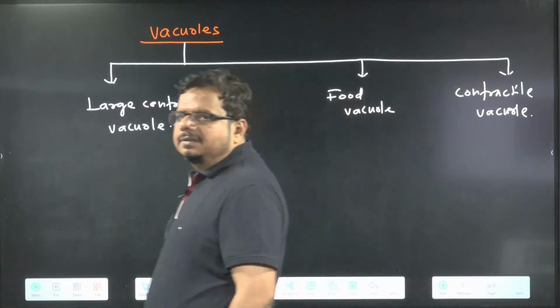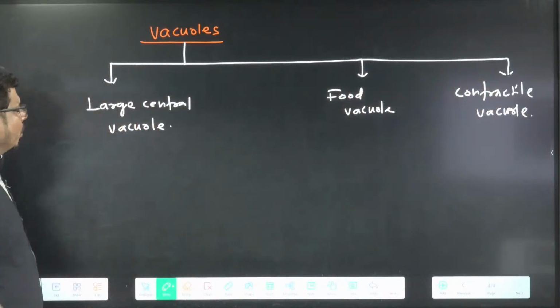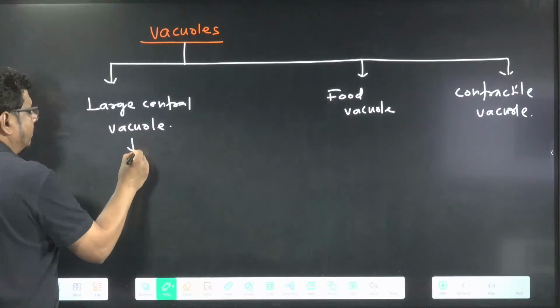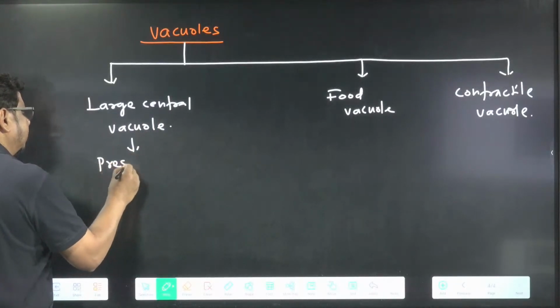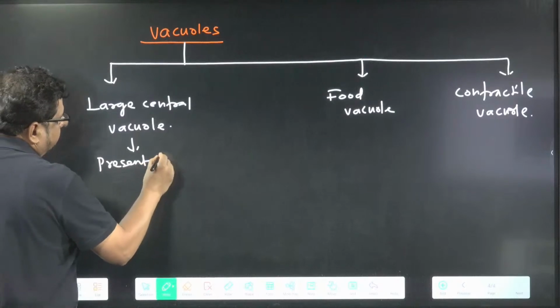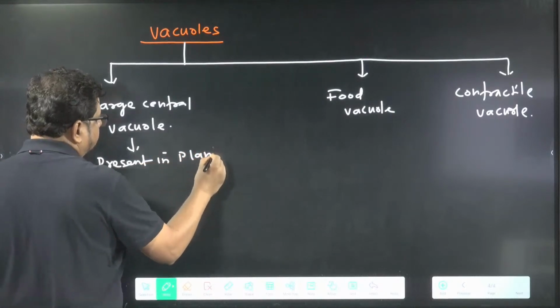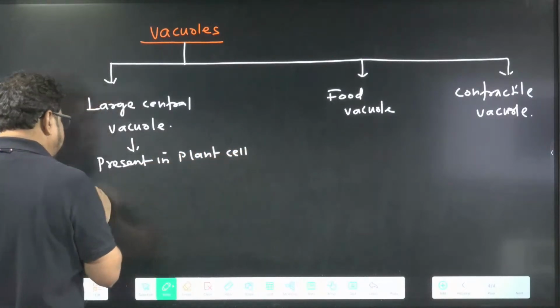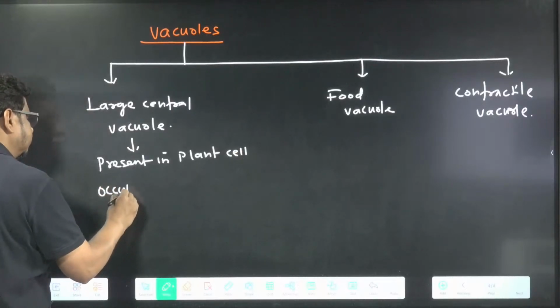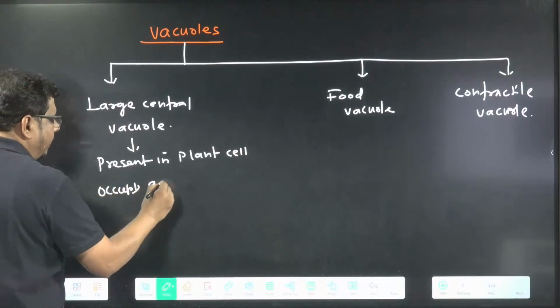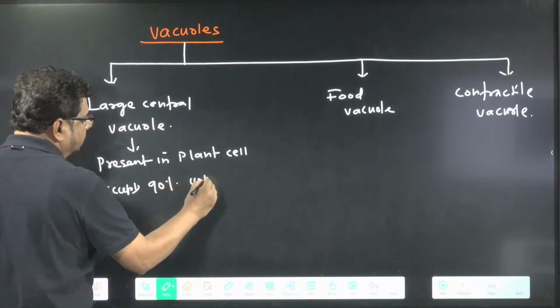Got the idea? Right. Now I am going to talk about large central vacuole. It is present in plant cell, and it occupies 90% volume of the cell.